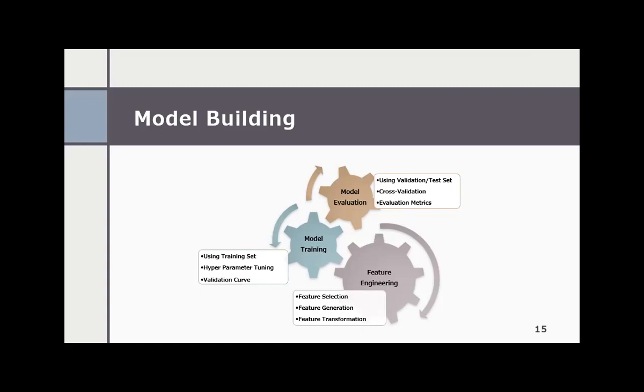Model training and model evaluation go hand in hand and involve using the training set and hyperparameter tuning with a validation curve to measure whether the model is overfitting or underfitting. Model evaluation involves using the validation set to predict and measure the performance against model evaluation metrics. And cross-validation is one of the key techniques to evaluate ML models by dividing the dataset into segments.